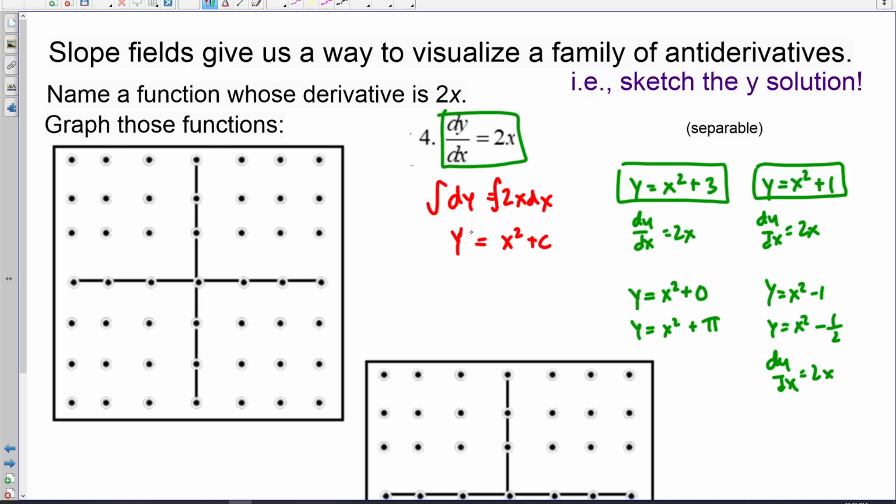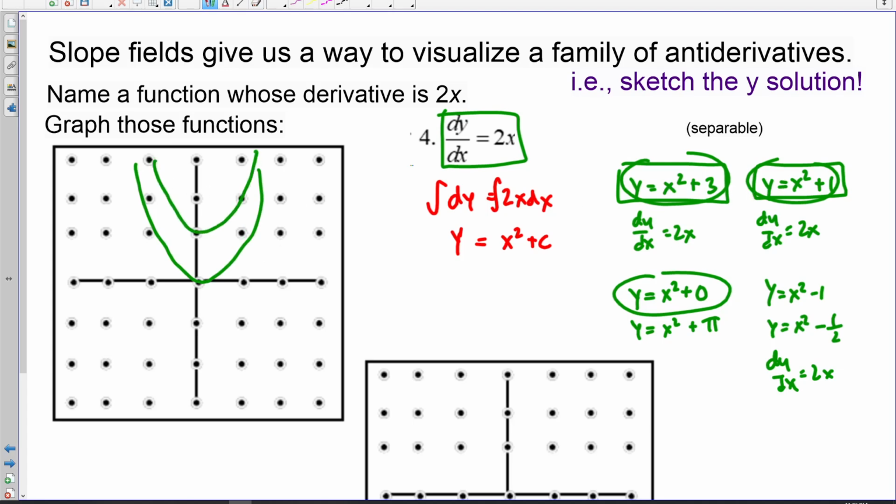All right, so how do you graph this? Well, because there's not just one answer, we graph a whole bunch of these answers. One possible answer is y equals x squared, which looks something like this. It's not a very good picture. Another answer is y equals x squared plus 1, so another answer looks like this.